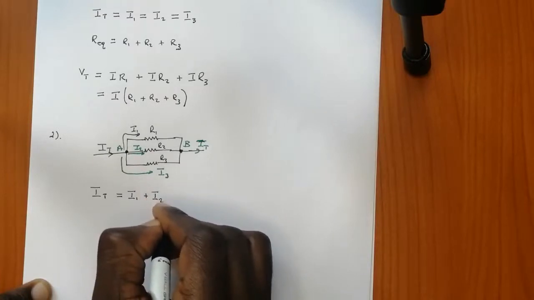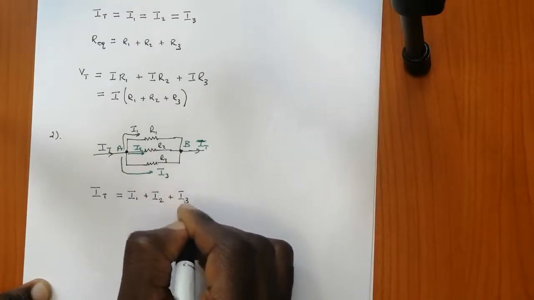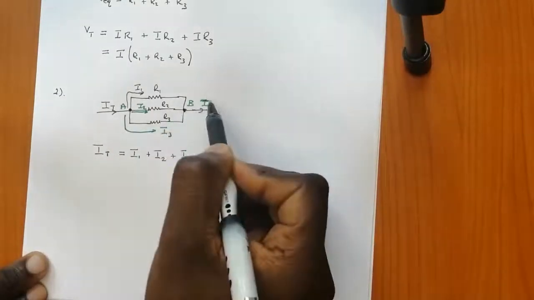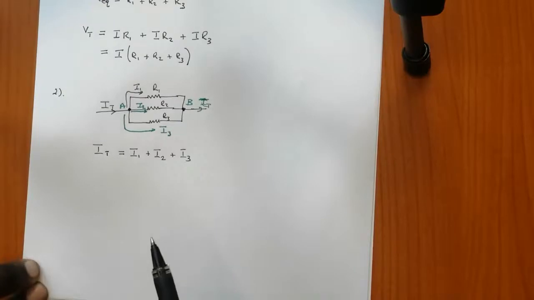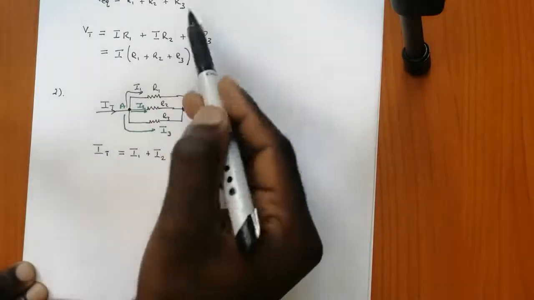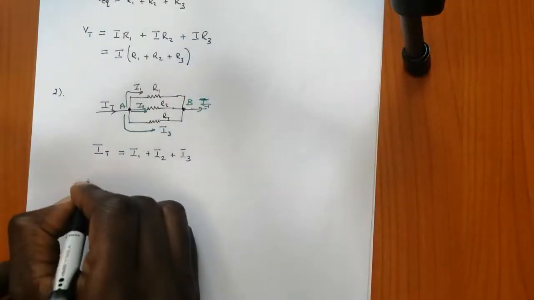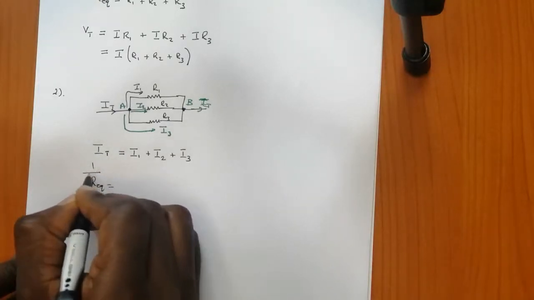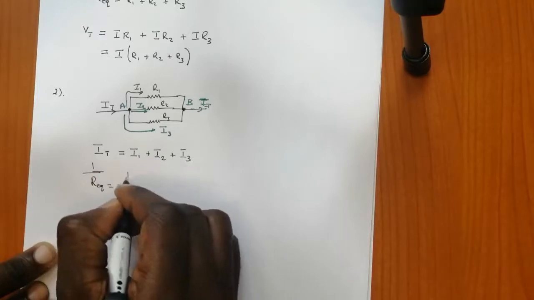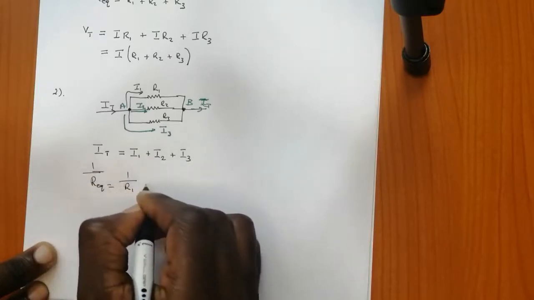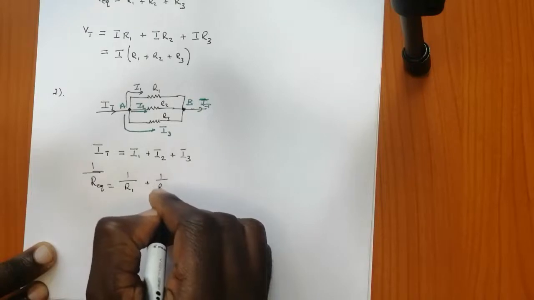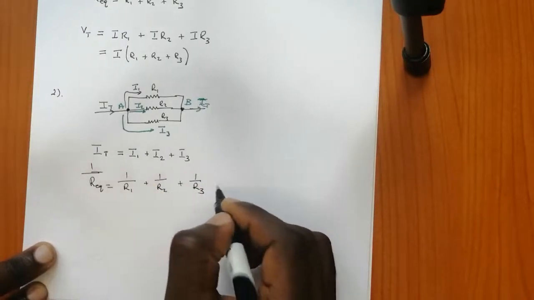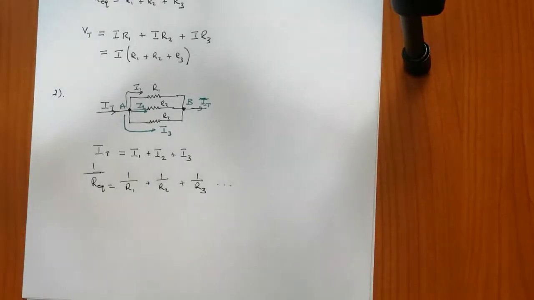So I1 plus I2 plus I3, and the total at this junction also needs to be equal to I total. And also you can calculate, as we did, your R equivalent, and your R equivalent will be equal to 1 over R1 plus 1 over R2 plus 1 over R3, et cetera.